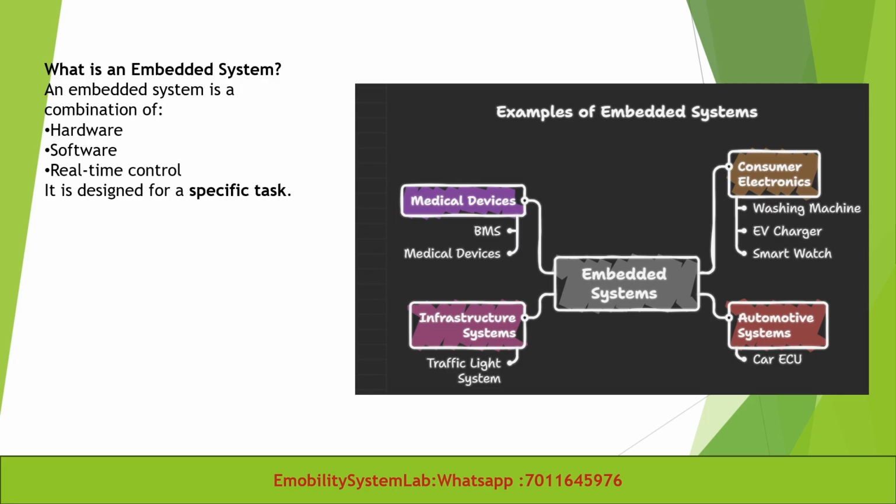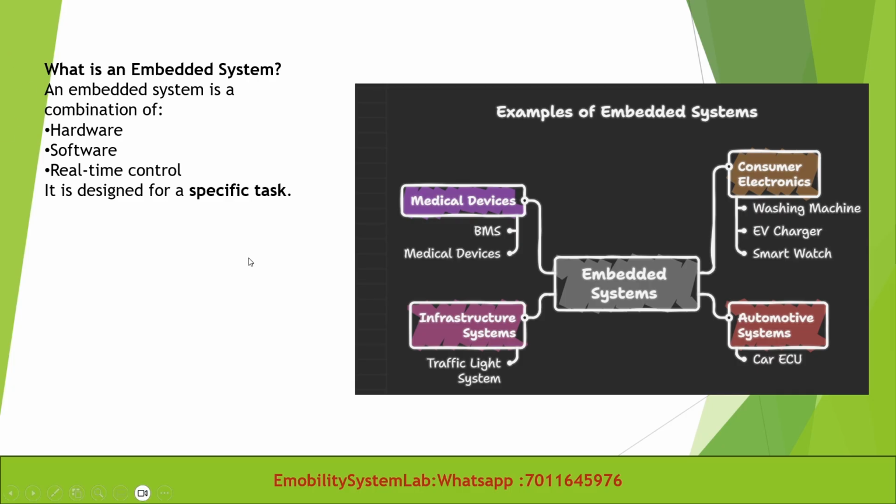These are all examples of embedded systems. An embedded system consists of hardware and software. Hardware means the microcontroller is a hardware device. If you want to control anything, you have to flash some software inside it. Then it will work.